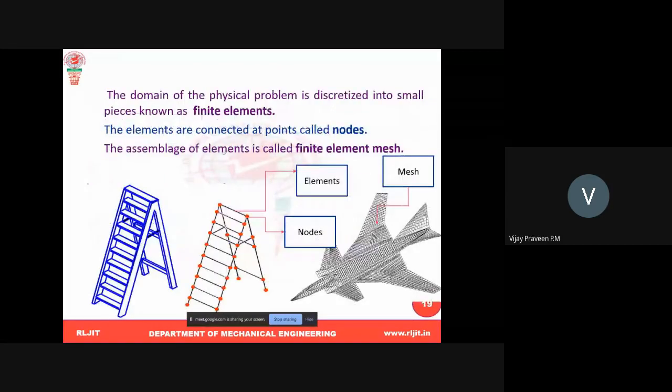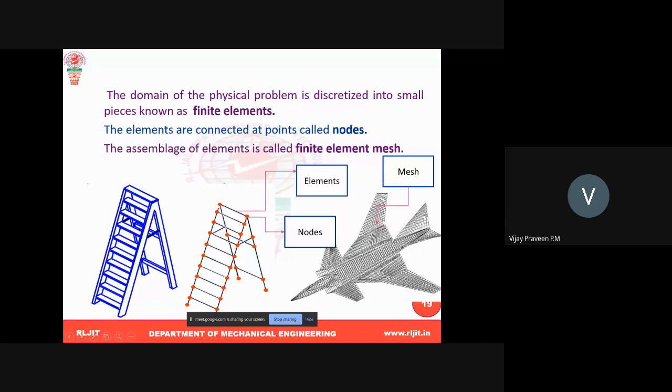It calculates only at the points in FEM also, but if you want to find the result between these 2 nodes, you can use the interpolation function. You can get the value anywhere in the domain. But in the case of FDM, it will calculate only at the points. Suppose there is a point here but no node there. Therefore, you can't get the result there. You can only get these 2 corners. But FEM is not like that.